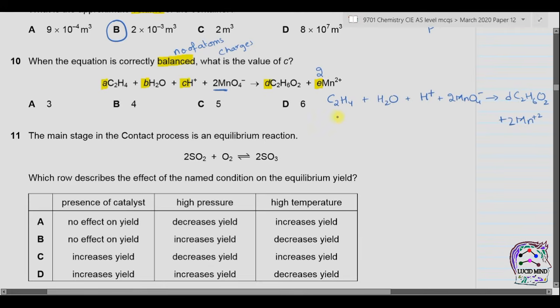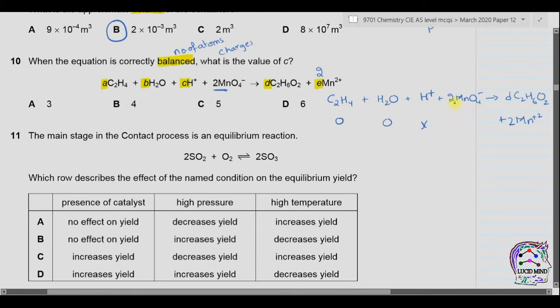Now finding the charges on each of these molecules or compounds, we can see that C2H4 is neutral, so the overall charge is 0. Similarly, H2O is neutral, so the overall charge is 0. H plus is positive, and we have to find the number of moles, so let's suppose it to be x. Then we have 2 manganate ions, MnO4 minus. We have already balanced this one.